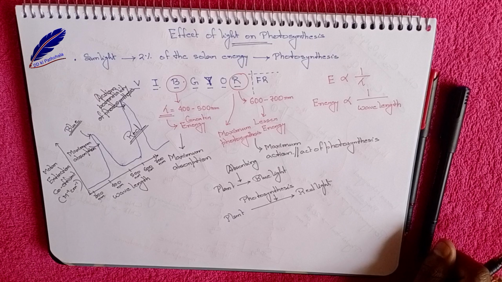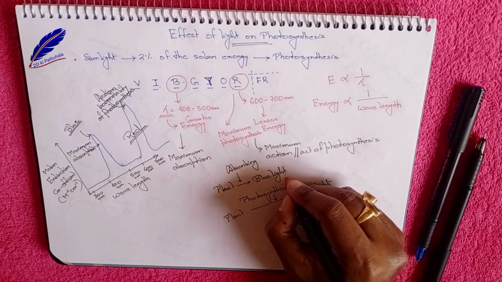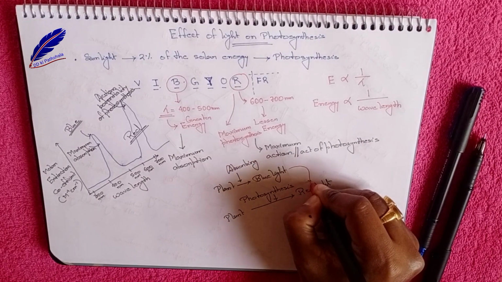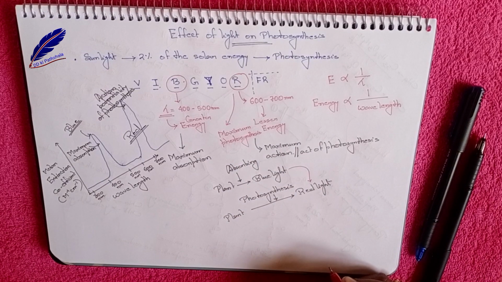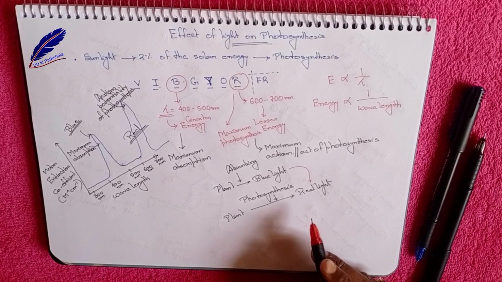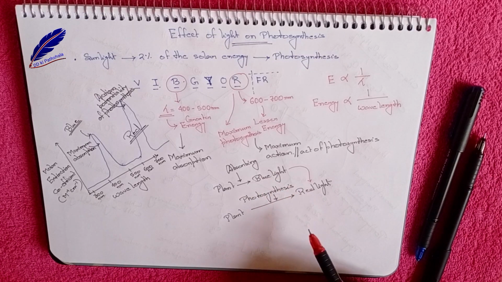So there must be a certain sequence of events definitely taking place inside the body of the plant, which ultimately helps the plant convert this absorbed blue light into red light, under which photosynthesis takes place, because there is no other alternative. So definitely blue light is getting converted to red light.